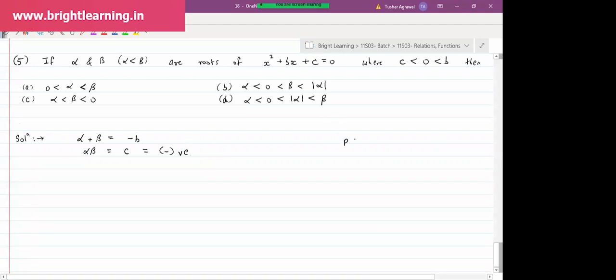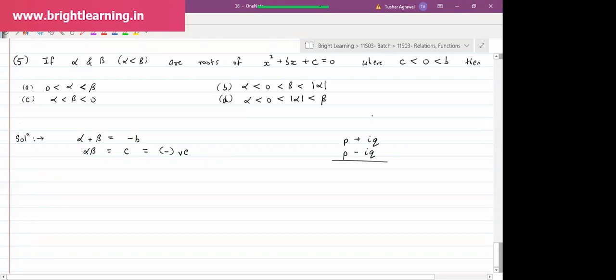So if alpha and beta are complex numbers, p plus iq and p minus iq will be the roots of a quadratic equation with real coefficients.